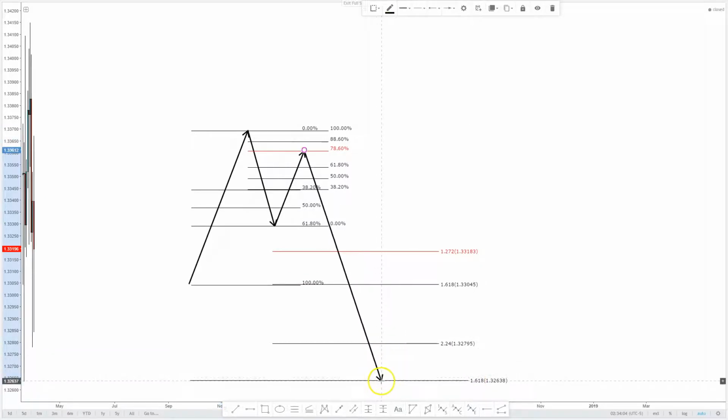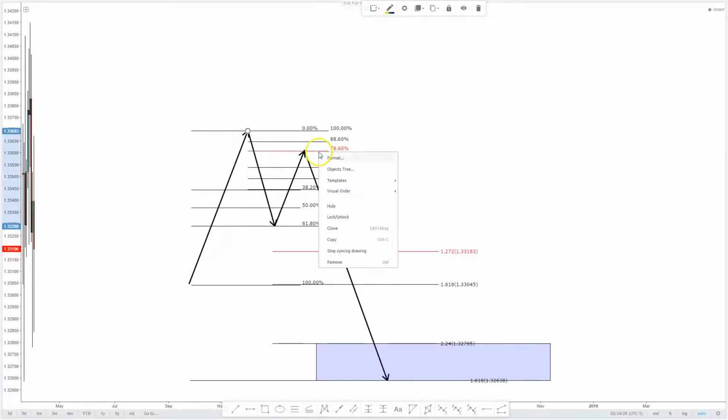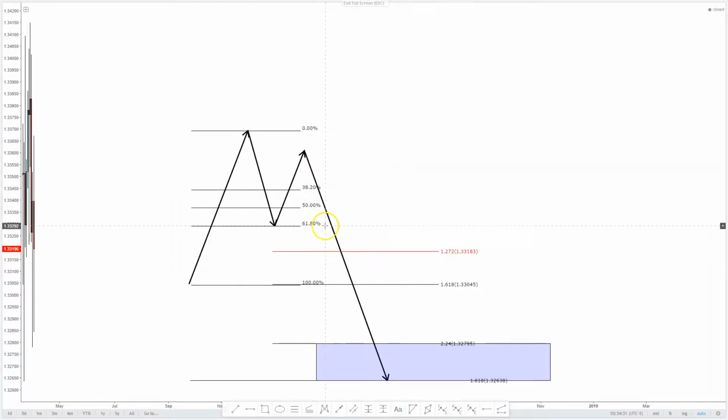I like the crab pattern because it's very easy to recognize because of that deep extension past the X point. So our PRZ zone would be right here. It's not that tight, obviously, because of the way I created it, but in a realistic one you'll have a tighter range. Basically, when price hits this zone, we're going to start looking to go the other way. This is just a regular bullish crab.